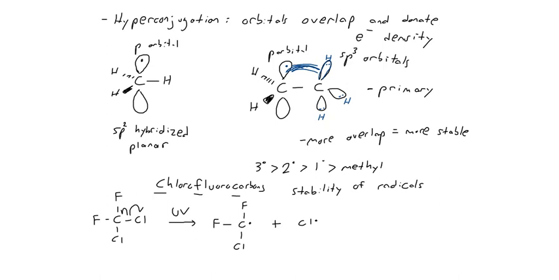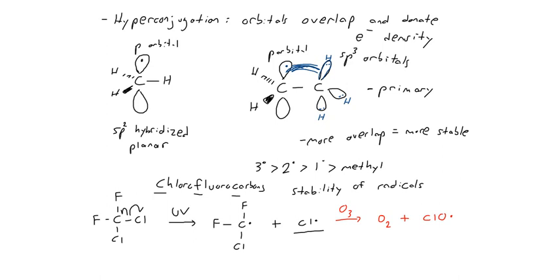So this chlorine radical right here can react with ozone in the air. O3 is ozone, and ozone is very important for trapping ultraviolet light and protecting us from the sun's ultraviolet rays. And it can form oxygen, just regular oxygen gas, plus some sort of ClO radical.